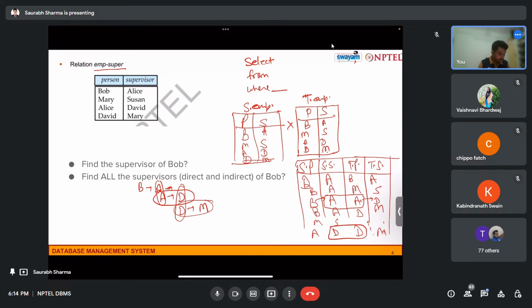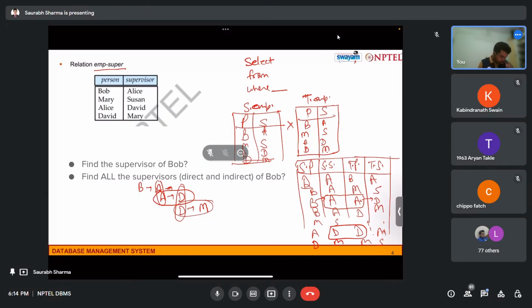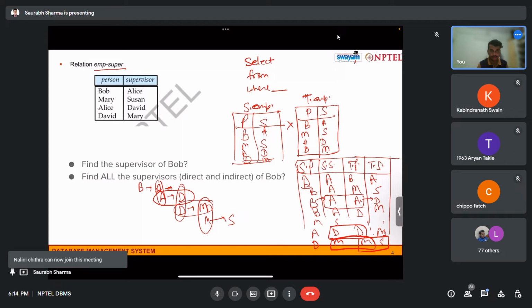From this we went to D. Then in the Cartesian product, there will be some tuple where it is given as DM, then MS. From this we will get this M to S, Mary to Susan.